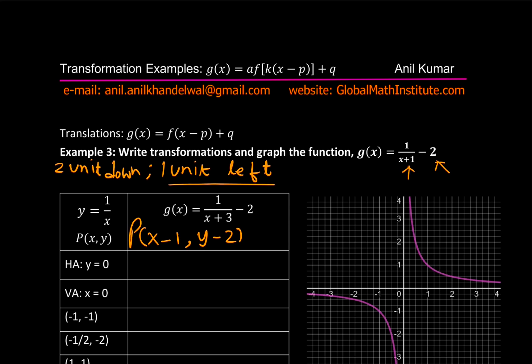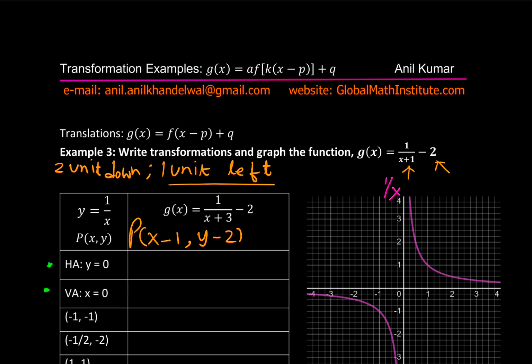Now, whenever you're talking about a reciprocal function, which is a function like 1 over x, the critical parameters to check are the horizontal and the vertical asymptotes. That is why in the key values, we have taken horizontal and vertical asymptotes. Each asymptote will shift as per the transformation of the function.